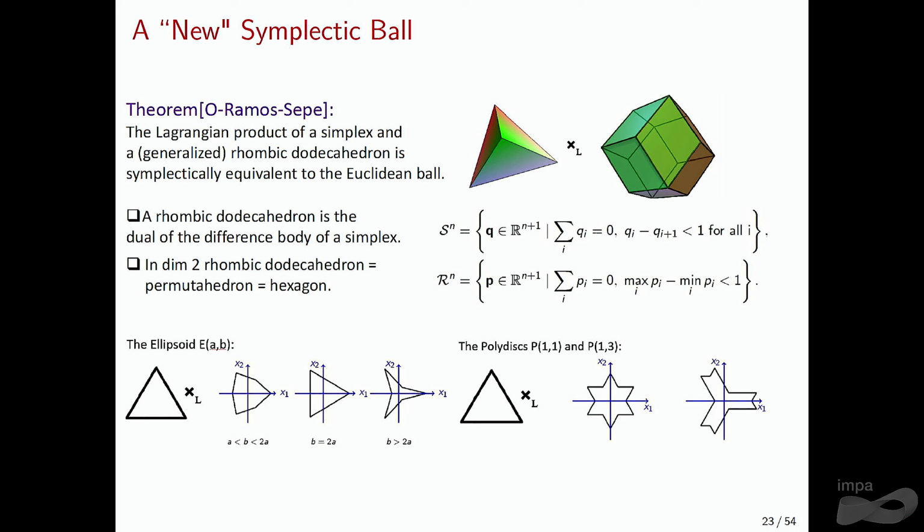This is a natural adaptation of the same tools that we need for the proof of the main results. If you think about the 2-dimensional case, then the ball is just a hexagon, and you can deform the hexagon to get this family of ellipsoids.